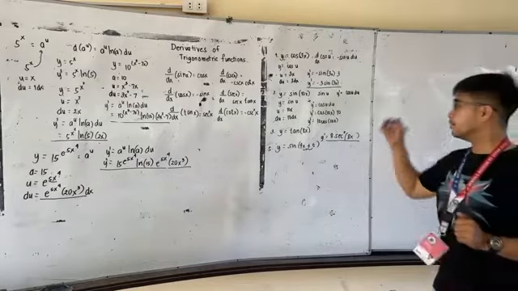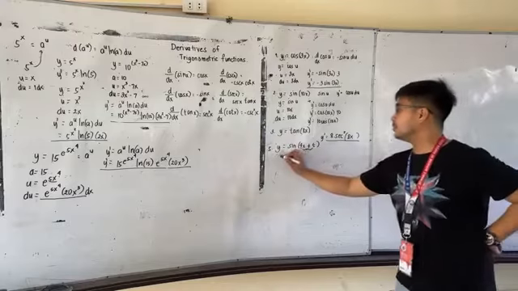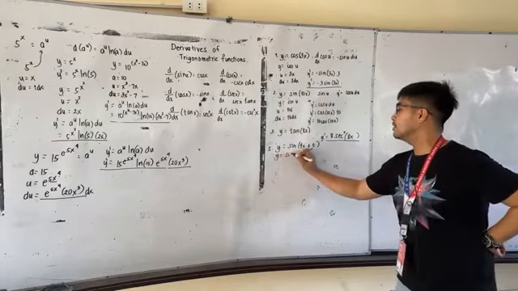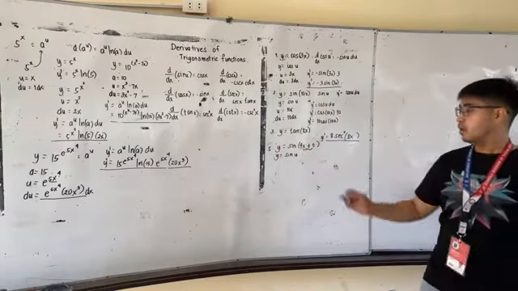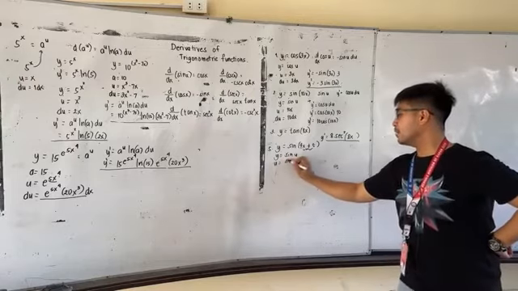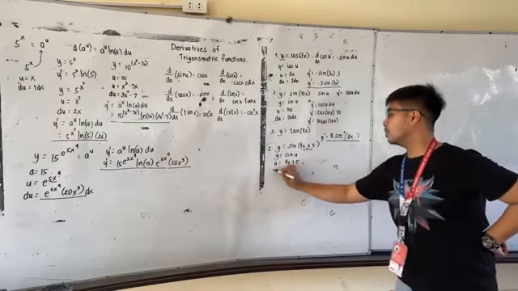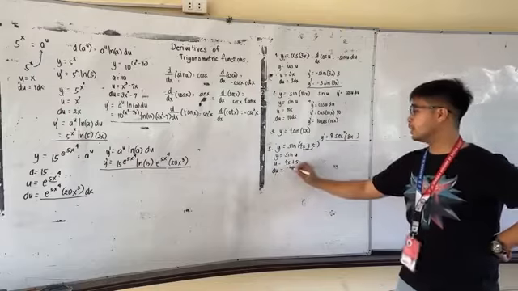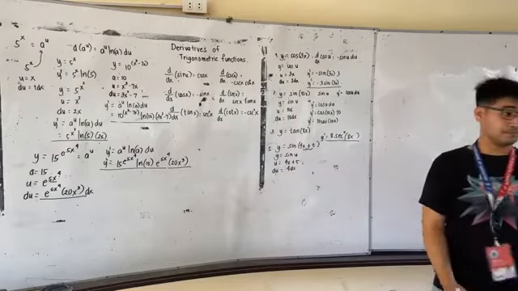Okay. Therefore, we could say that it takes the form of y is equal to sine u. What is our u? Our u is 4x plus 5. But what is our du? Our du is 4 dx.